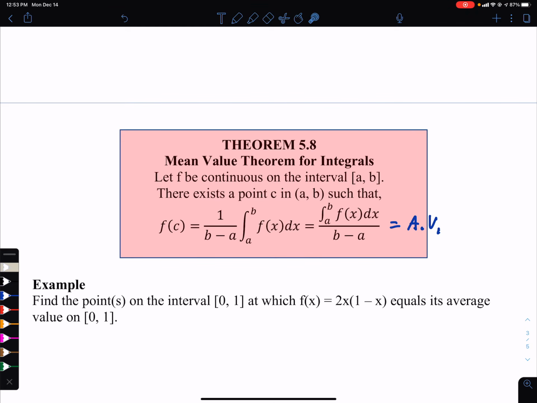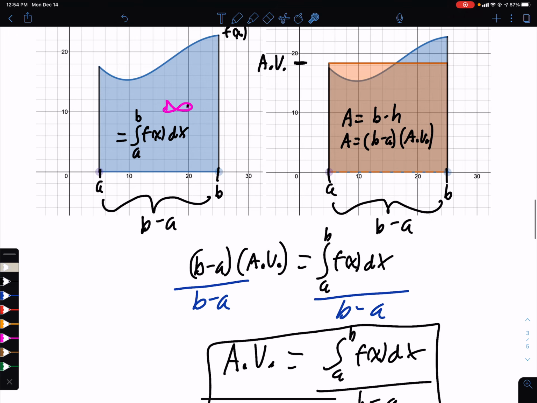What this is saying is that there's going to be a C between A and B where the function equals the average value. Well, I have found it. It's right there because this is the average value, this is the function, and they do equal, and the point where they equal we call point C. So that is my C, which is between A and B. So it's saying there's going to be a C between A and B where the y value there is going to equal the average value.